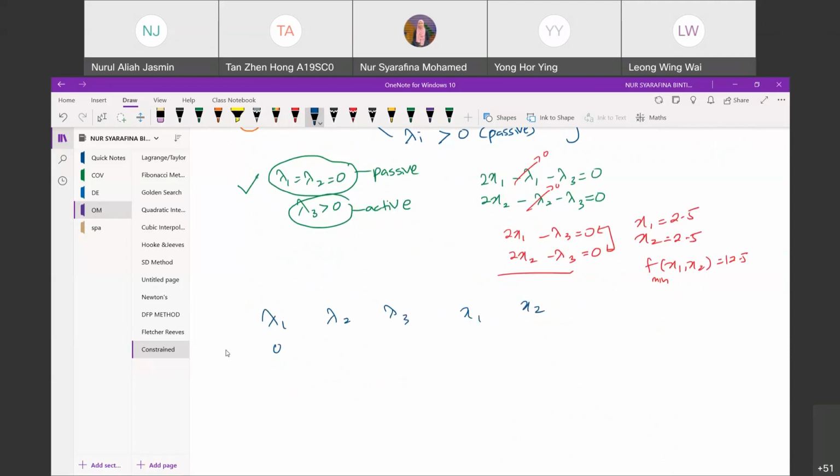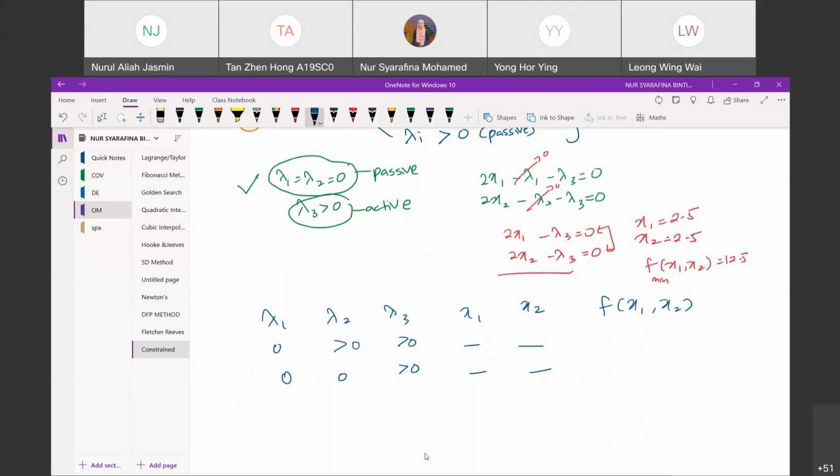Let's say lambda 1 equals 0, and then this one greater than 0, this one greater than 0. What happens to x1 and x2? You just need to do it one by one. If this one is 0, this one is 0, this one is greater than 0, then what happens to x1 and x2? You can find your value of f there. So you need to test one by one, which is quite a messy calculation, but that is the process.